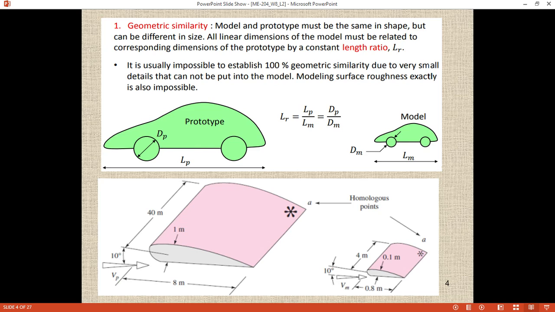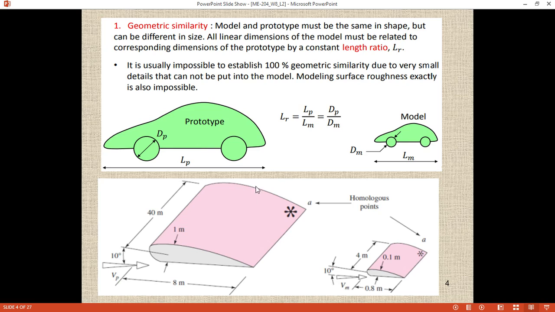So let's do a quick review of the three basic laws of similarity or similitude. The first law is geometric similarity. In the geometric similarity, I said that the shape of the object must be the same, and every linear dimension must be reduced with respect to a length ratio.